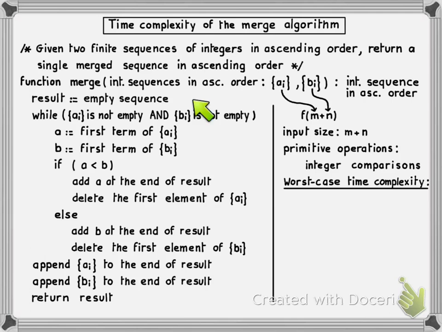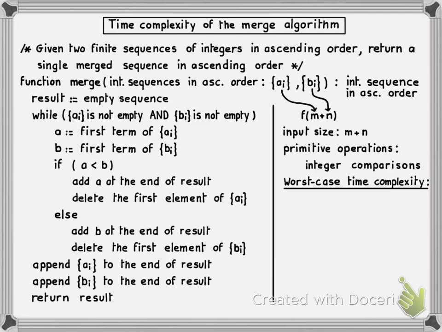Since the result sequence starts empty and ends with a total of m plus n elements, it should be obvious that in the extreme worst case, the number of times that this while loop is executed is at most m plus n times, because that's the total length of the result sequence at the end of the algorithm. And again, during every iteration, exactly one element gets added to the result sequence.